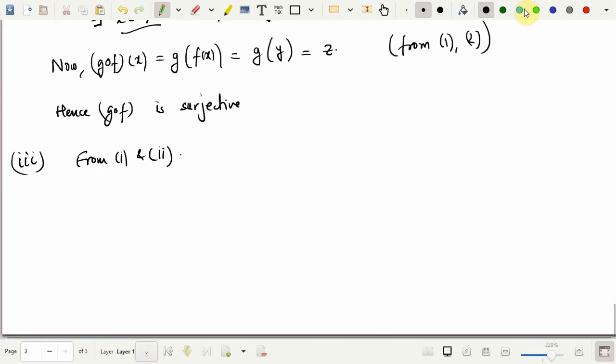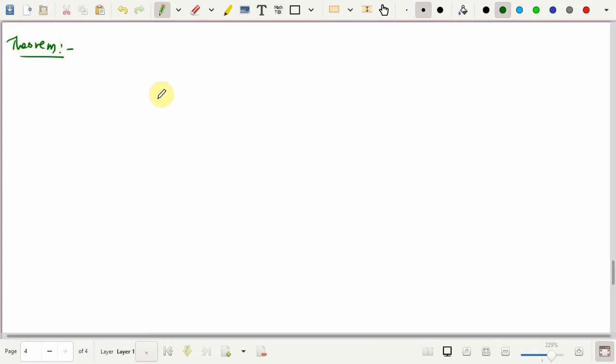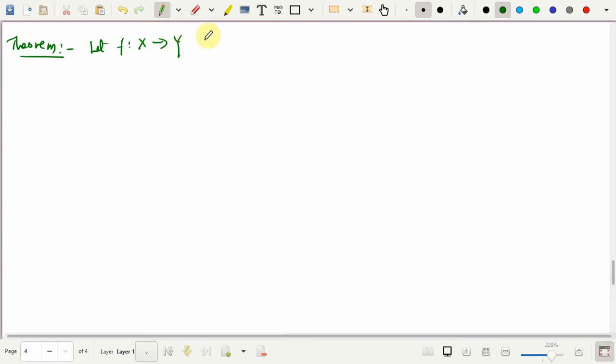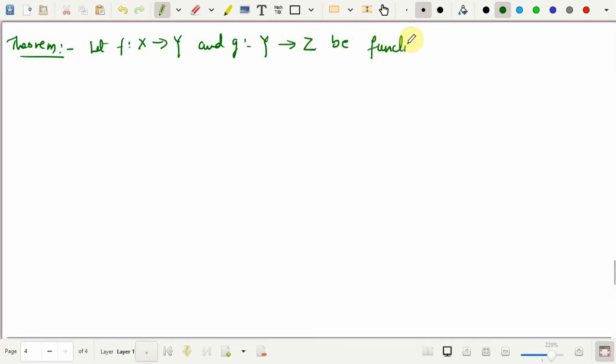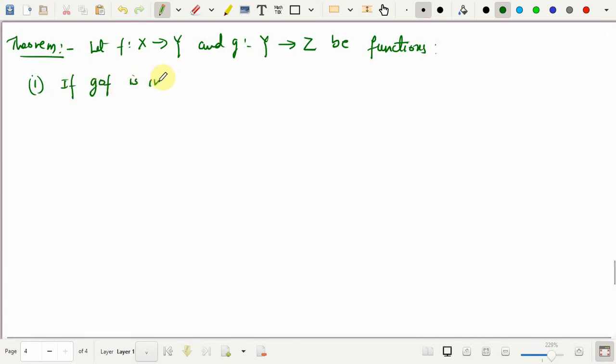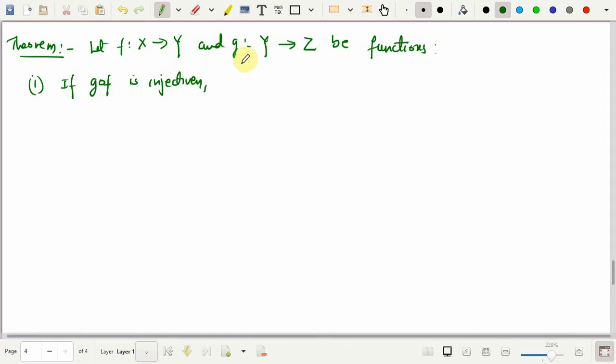The next theorem says, with the same construction of f and g: let f from X to Y and g from Y to Z be functions, then show that if g composite f is injective, then compulsorily f has to be injective.